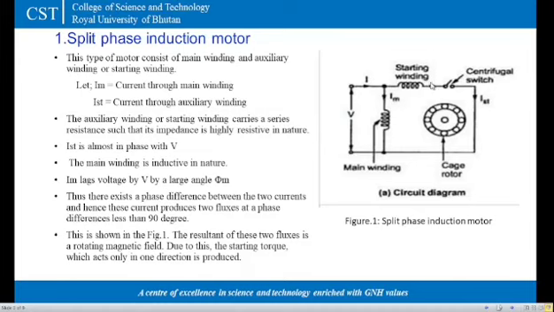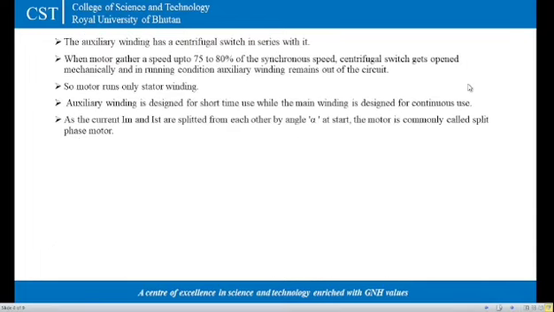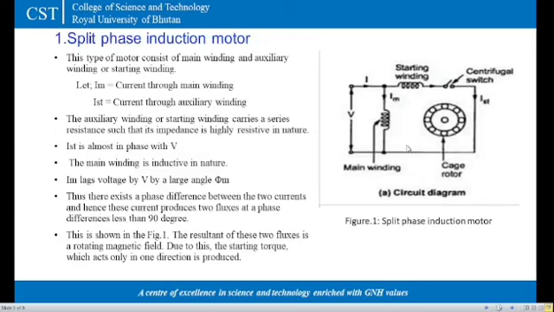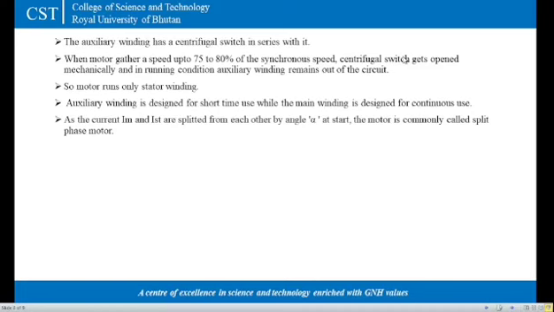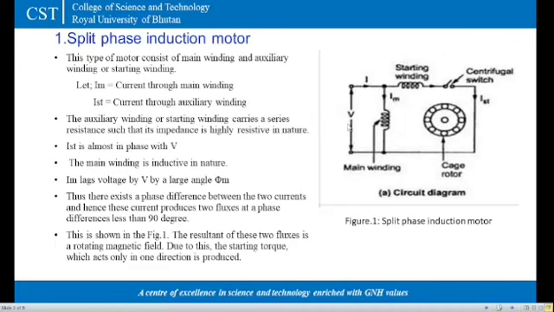Here, the centrifugal switch opens and the starting winding or auxiliary winding is disconnected. Therefore, the motor only runs on the main winding.